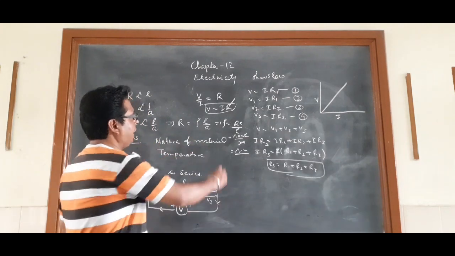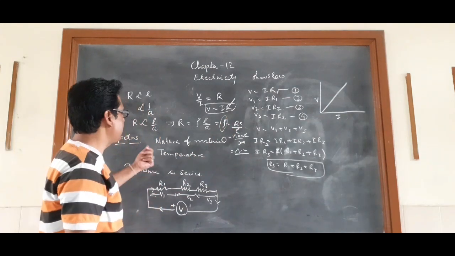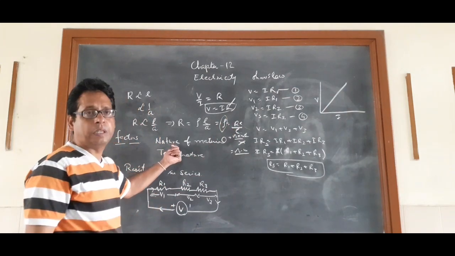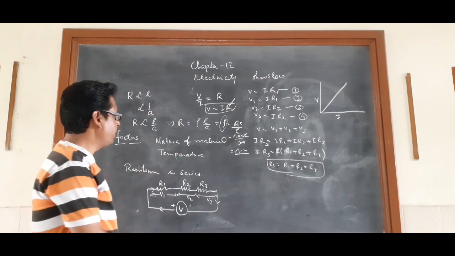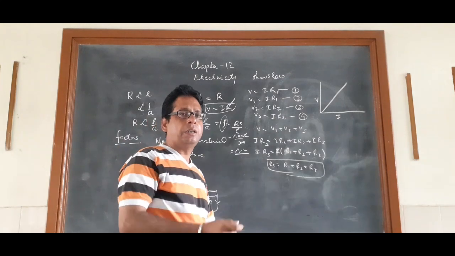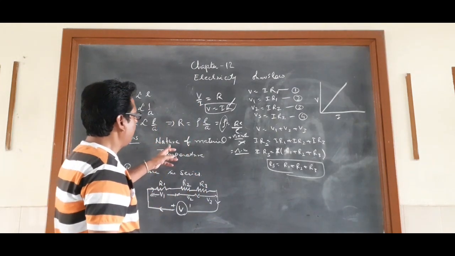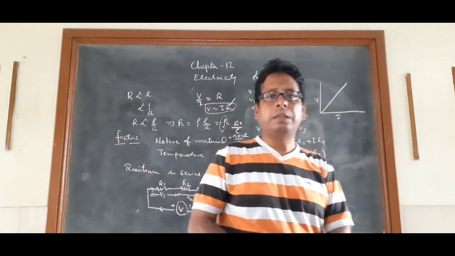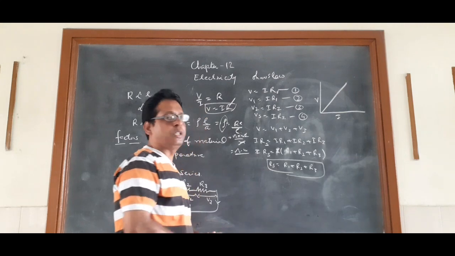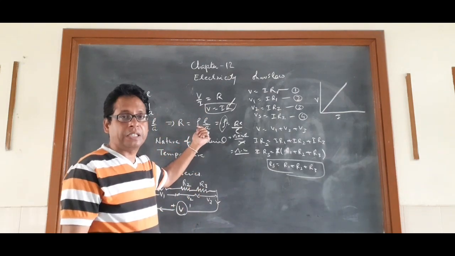Now, on what factors does resistivity depend? Resistivity depends upon the nature of the material and the temperature of the material. According to this, the resistivity of silver is very much less compared to others, so silver is the best conductor of electricity.